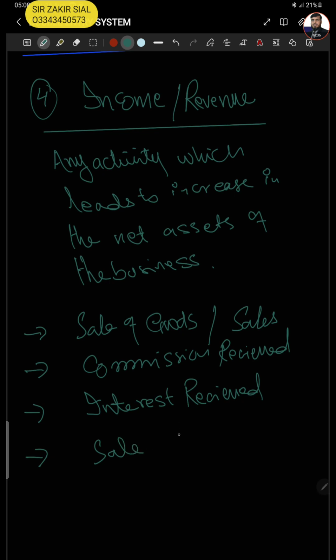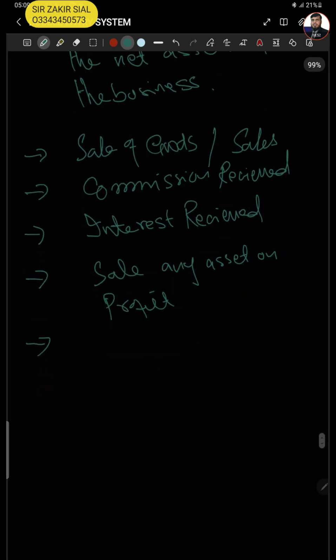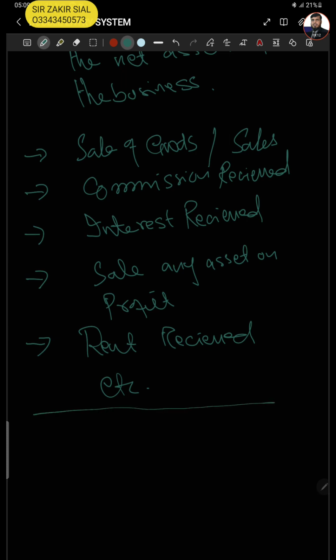Sometimes we sell an asset at a profit. This is also income of the business. We rent out buildings and receive rent, that is rental income. There may be some other types of incomes, but whenever income is earned, we are receiving money.